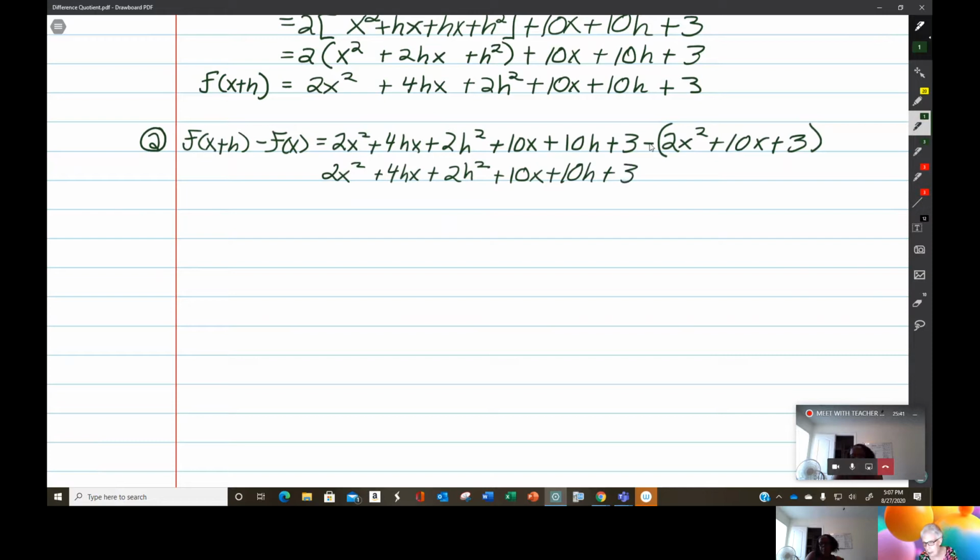Now, I'm going to distribute that minus sign in here and in here and in here. So I'll have minus 2x squared minus 10x minus 3.